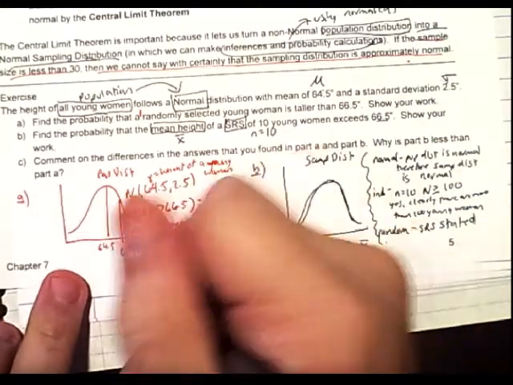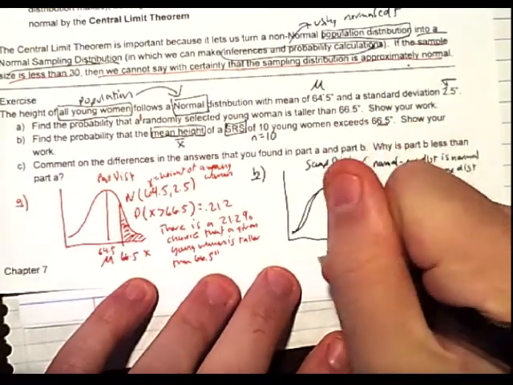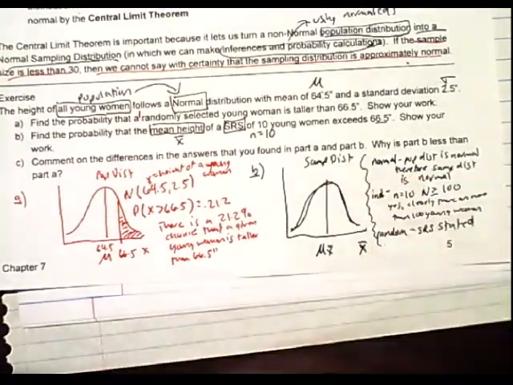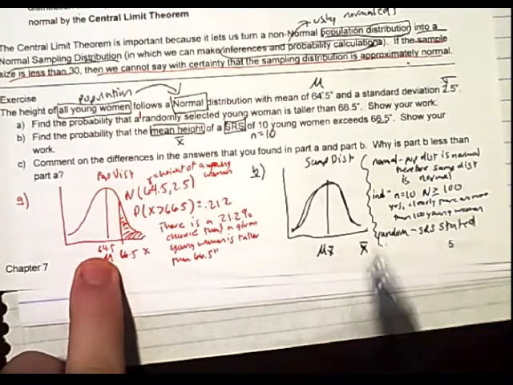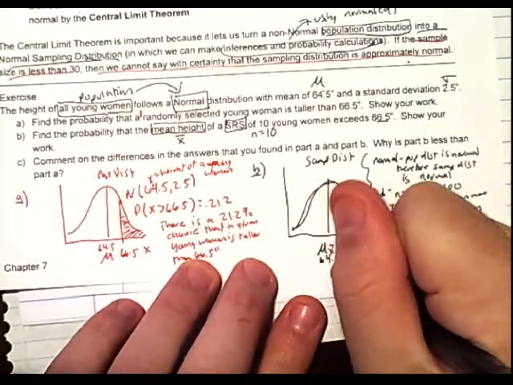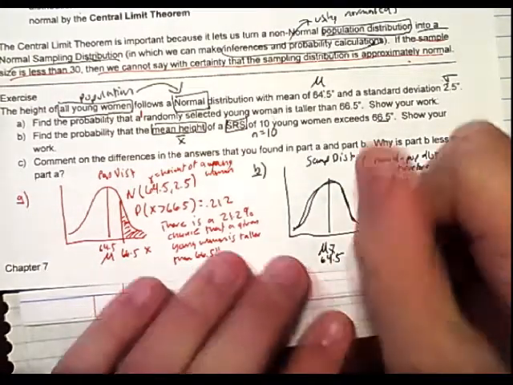So here, that was the mean of the population, 64.5. Over here, we're going to talk about mu of X bar. But what do you know about the mean of the population and the mean of the sampling distribution? Those values are going to be the same.